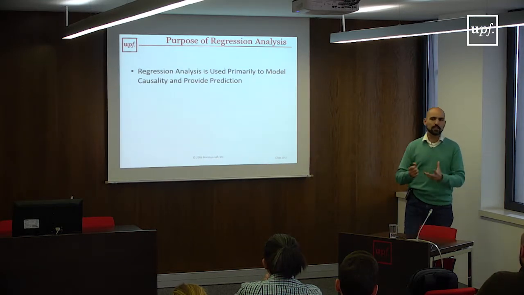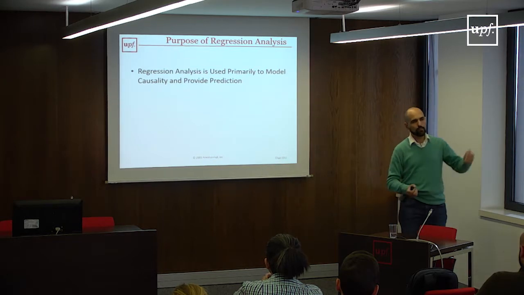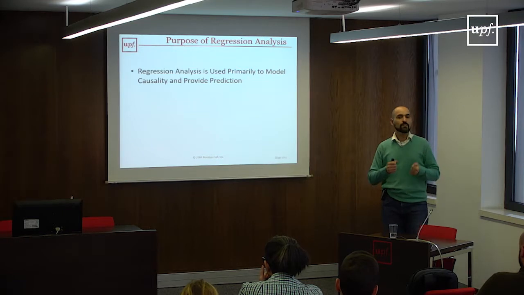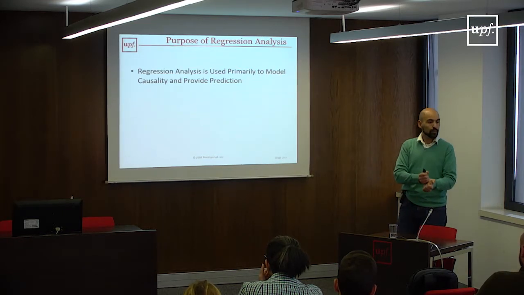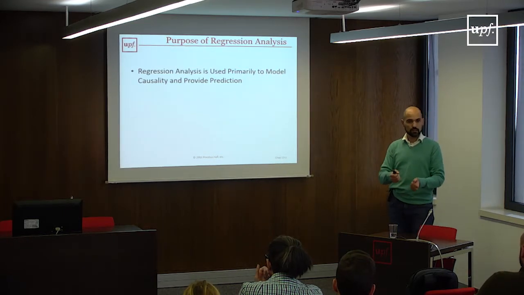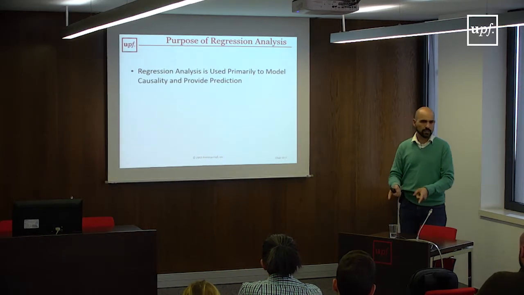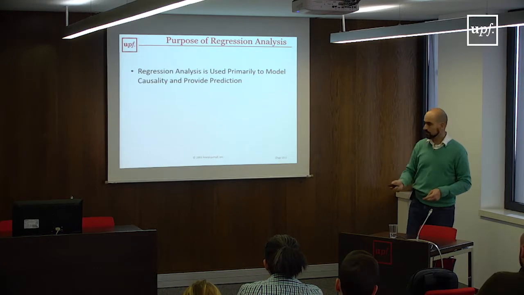But the idea of regression is this one. So I have one factor. I know that somehow this factor influences another factor. So I want to model this causality. I am the one who knows that there is causality. It's not the test that is telling me that there is causality.